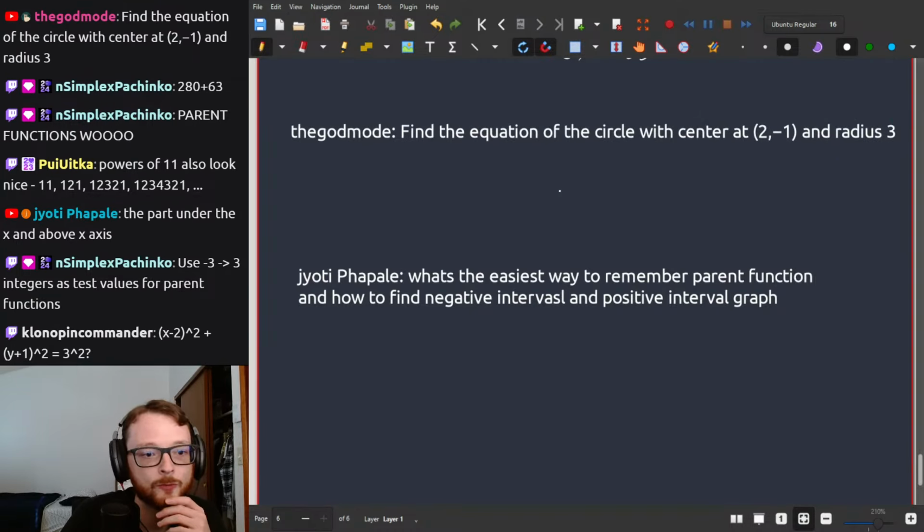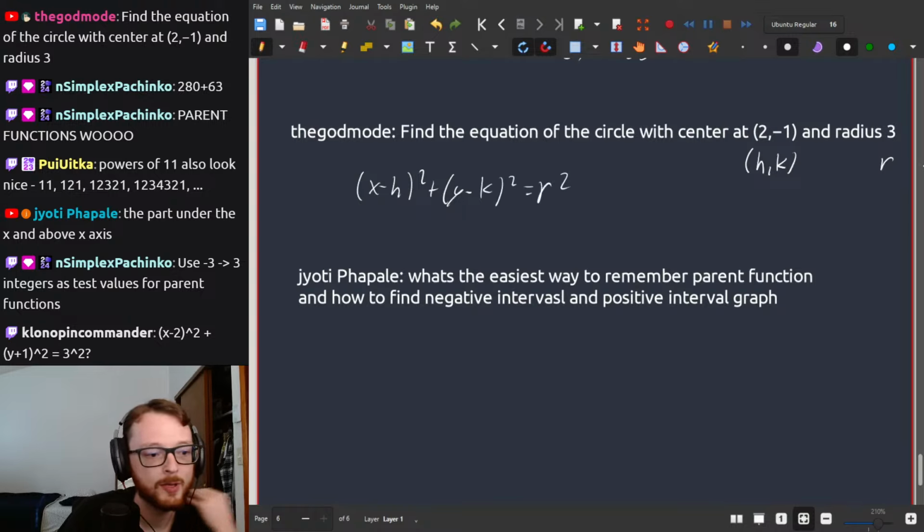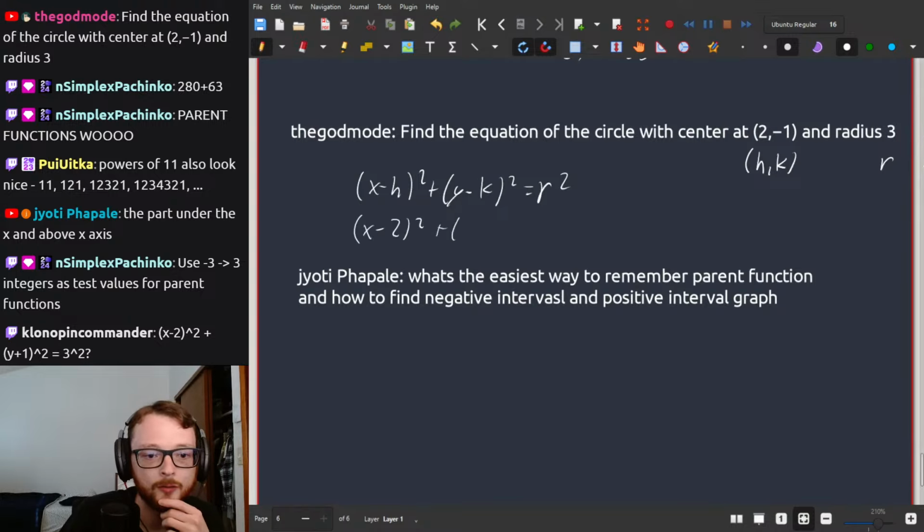So the general equation for a circle, if the circle has center, I'm going to call it h and k, and the radius is r, is x minus h squared plus y minus k squared equals r squared. So from here, it's just plugging in the numbers that were given. So it's x minus 2 squared plus y plus 1 squared, and then 3 squared is 9.